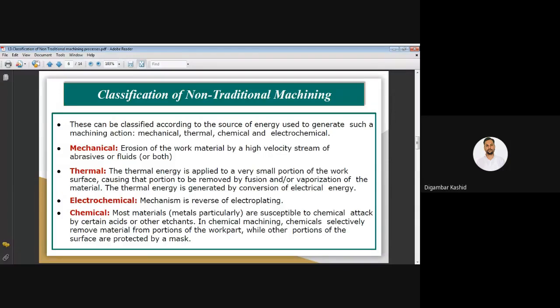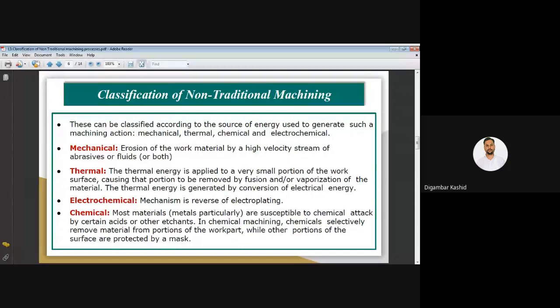Now we know electroplating. The mechanism of electrochemical machining is the reverse of electroplating. If you take electroplating in a reverse way, then electrochemical dissolution will happen. So that is the main action in this group. Okay, reverse of electroplating.